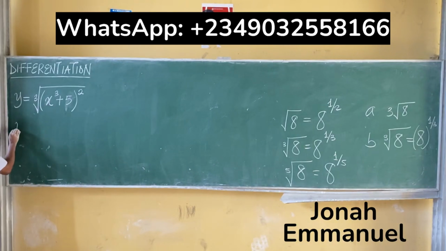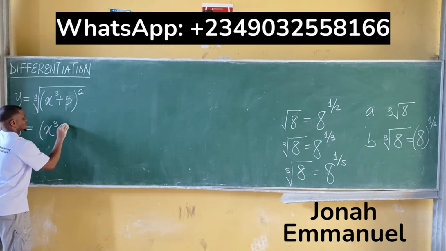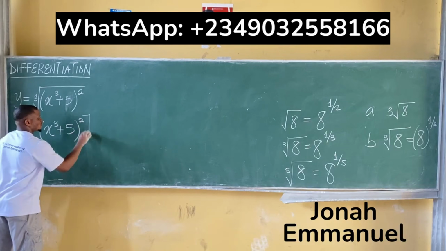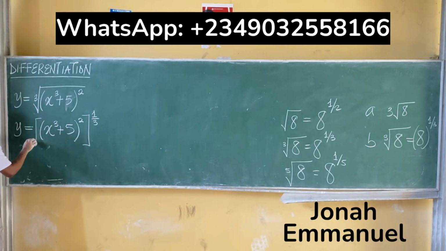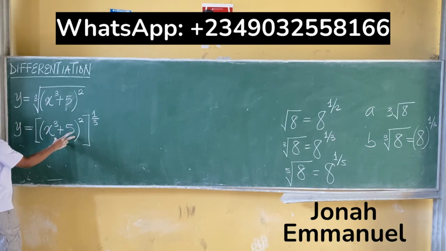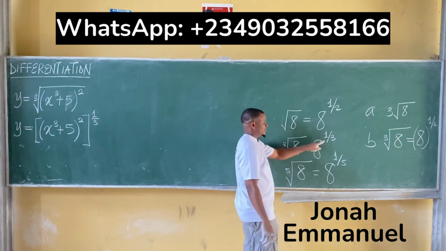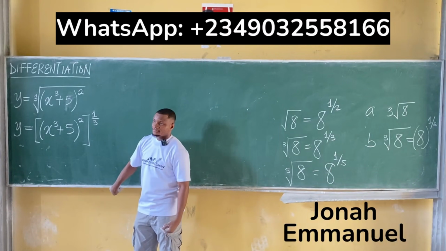So this now becomes y equal to (x cubed plus 5) to the power of 1 over 3, because the cube root is the power 1 over 3. Please look at this very well. This same thing here, but I'm taking the cube root, that's all. That thing to the power 1 over 3.